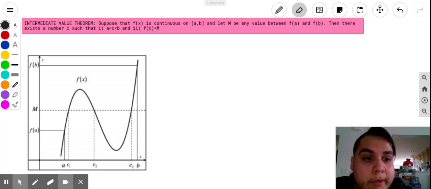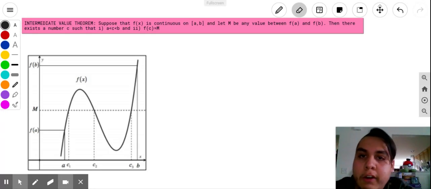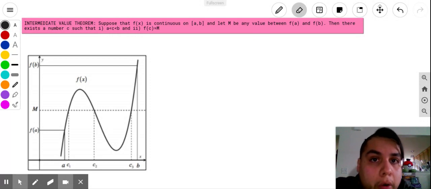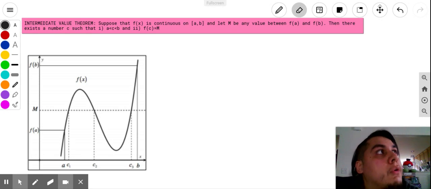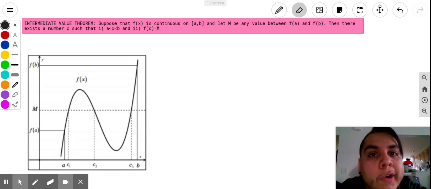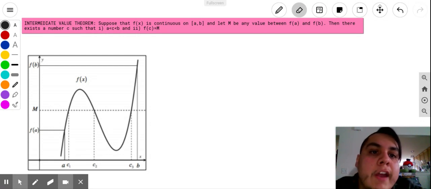It is continuous because the limit from the left side and the limit from the right side exists, aka there are no holes or vertical asymptotes, no weird behavior in this graph. It's just there. All right. It exists for all values, no jumps, nothing like that, just plain and simple. And let m be any value between f of a and f of b.